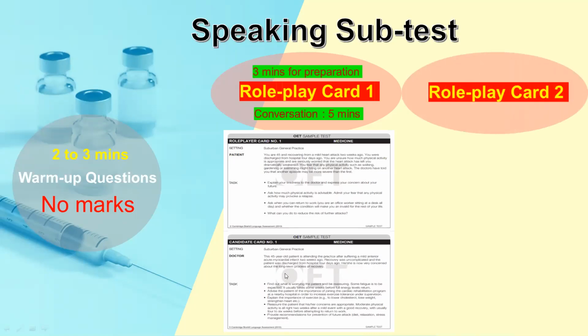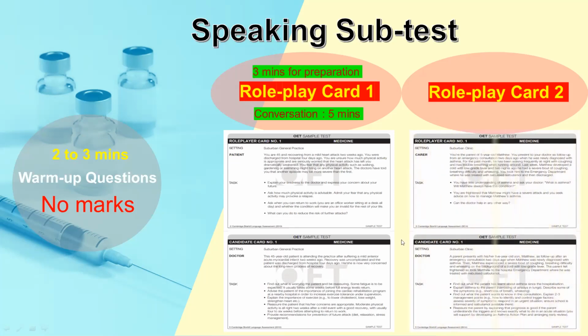After that, you'll proceed to the next roleplay card, card number 2. And again, you will have 3 minutes for preparation and 5 minutes for conversation. And this is the end of your exam.